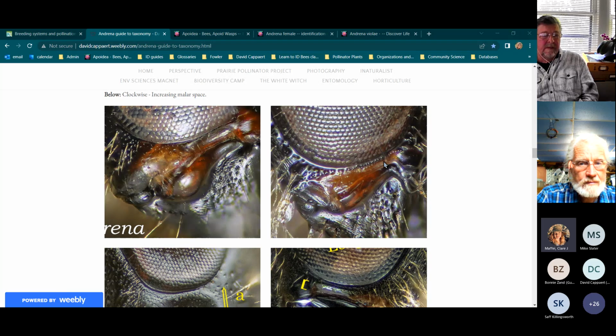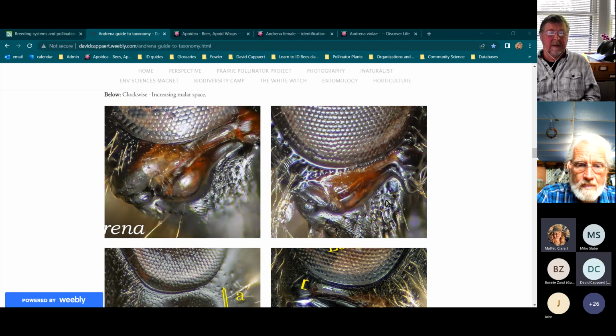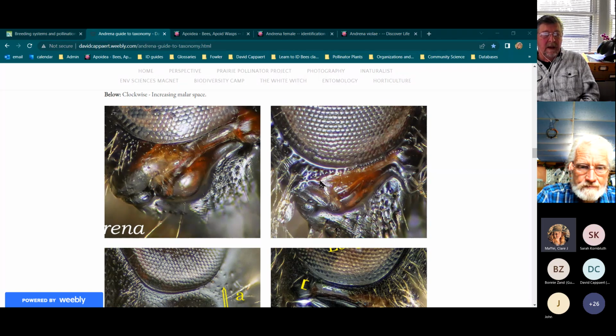So in the top right image, would the width of the light orange area be considered as the malar space width? So are we going from, I think this is what you're asking, from here all the way over? Or does it stop here where the orange stops? Yeah, Claire, I'm asking about the width, not the length, of the malar space, between the eye and the mandible, where you're pointing.